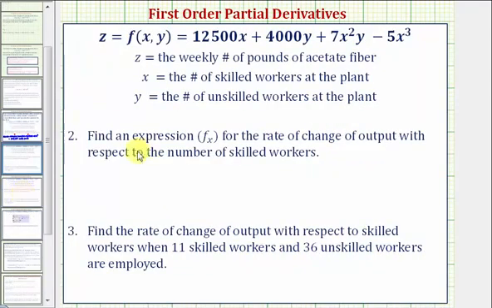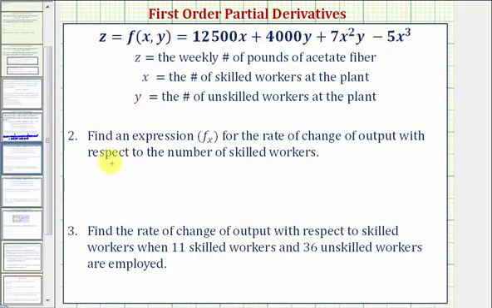Next, we're asked to find an expression for the rate of change of the output with respect to the number of skilled workers. Remember, the number of skilled workers is equal to x, which means you want to find the partial derivative of f with respect to x. To do this, we'll differentiate with respect to x, treating y as a constant.